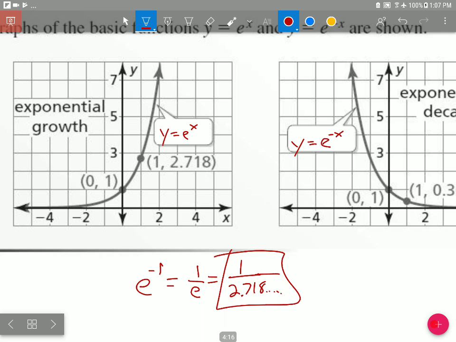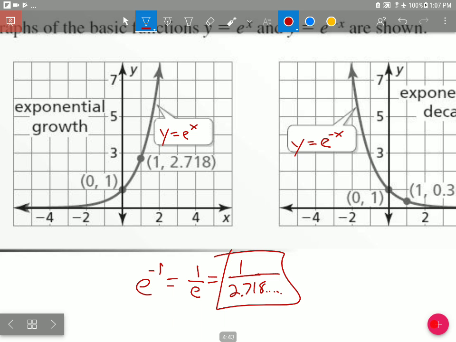I will say this. What happens if you have a decimal base and a negative exponent? Do you think it's growth or decay? If you have both of them, what do you think? Any guesses? Growth. It's growth. Because it flips them back. It's kind of like a negative times a negative is a positive. It's the same idea. The decimal flips back into a number greater than 1, and it just turns it back into a growth function.